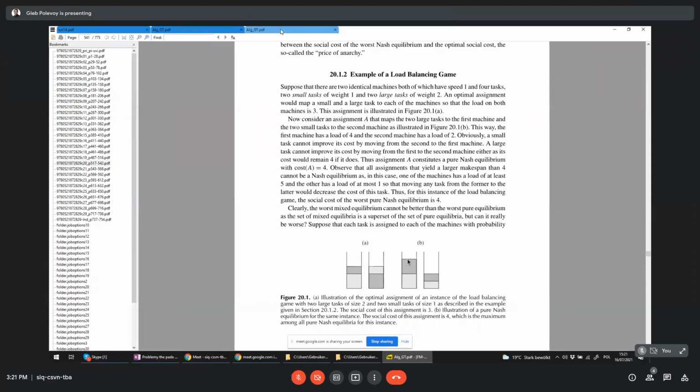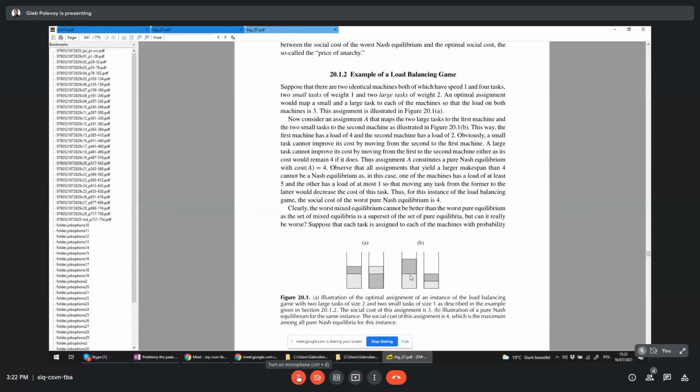The optimum would be to assign one task of size 2 and one of size 1 to one machine, and the same to the other machine, since the machines are identical. There was, however, another equilibrium where you assign the two larger tasks, of size 2 each, to one machine, and the two smaller tasks of size 1 each to the other machine.